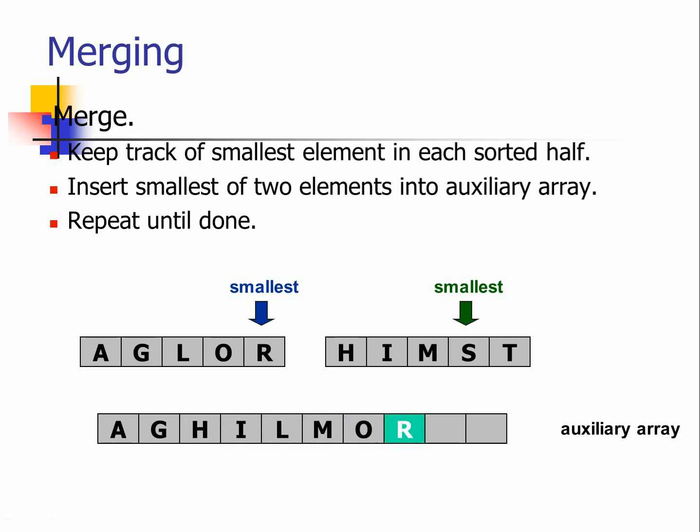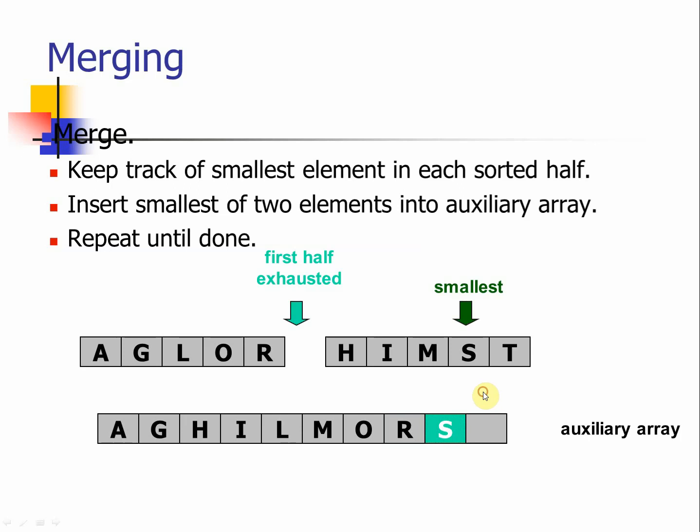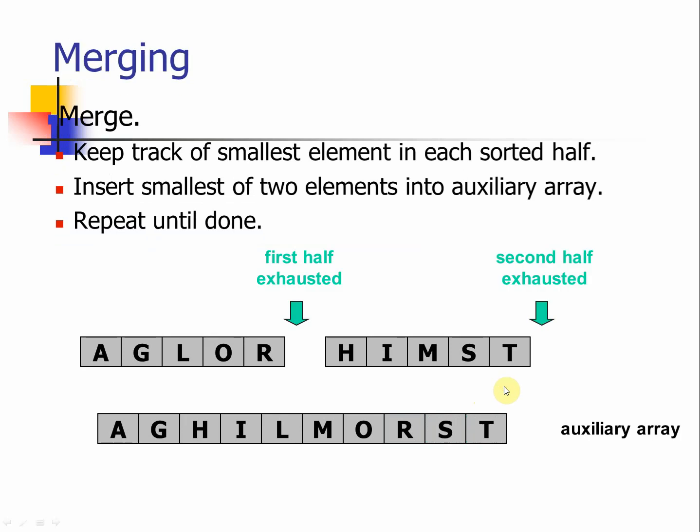You see that at this stage, when R is being placed, the left segment has been completed. And therefore, whatever you have left on the right segment is simply copied over, because there's nothing to compare with anymore. So this is the idea of the merge.